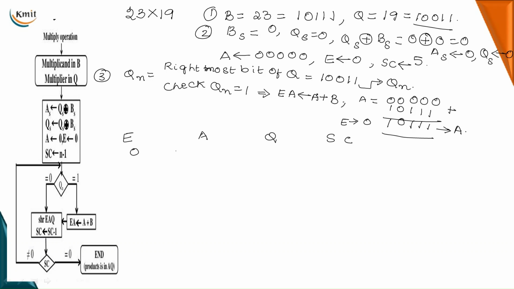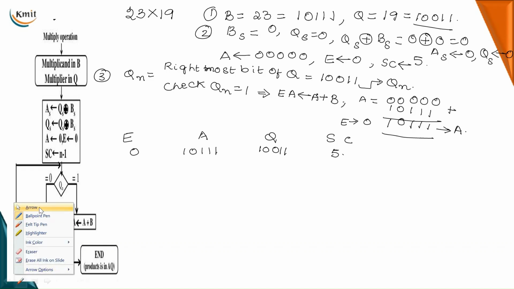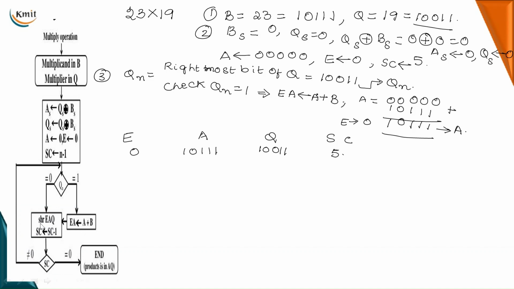Now it is 0, and now A contains 10111, Q contains 10011, and sequence counter contains the value of 5. So after performing addition, you have to perform a shift right on the contents of EAQ and decrement the sequence counter.